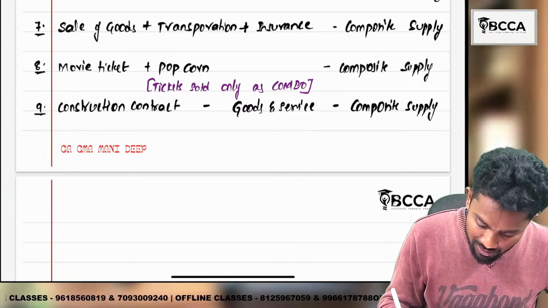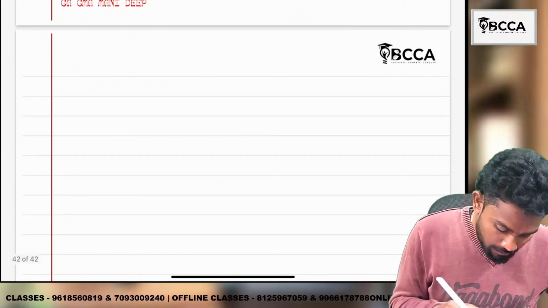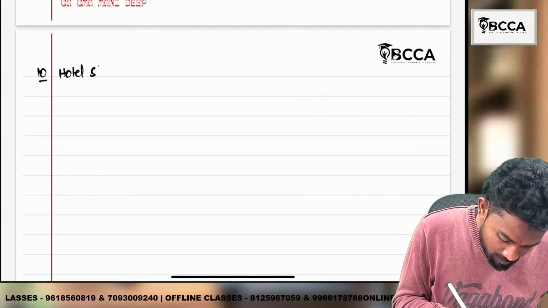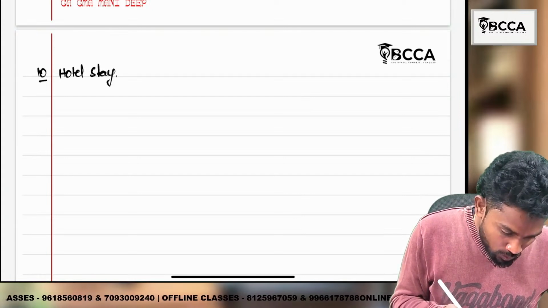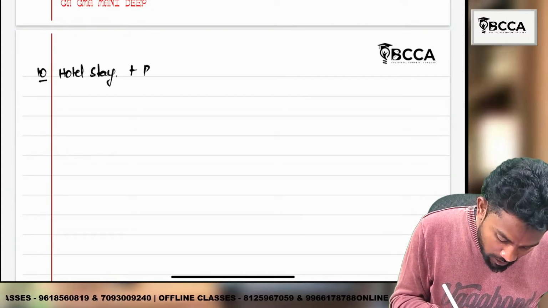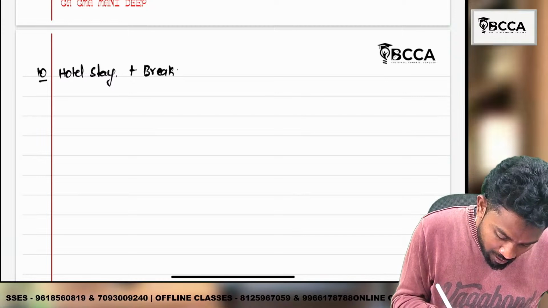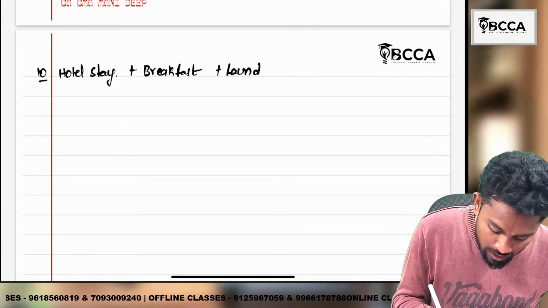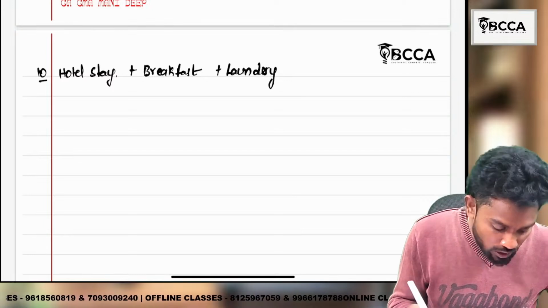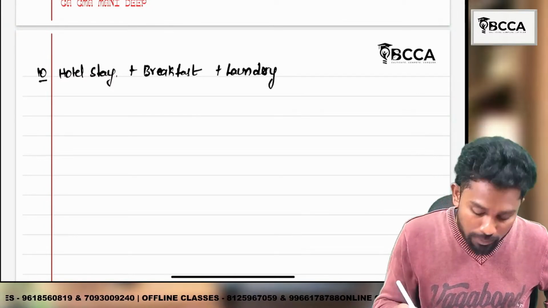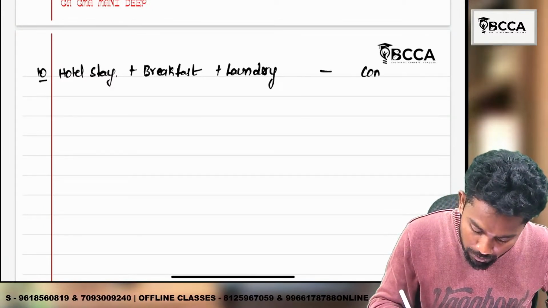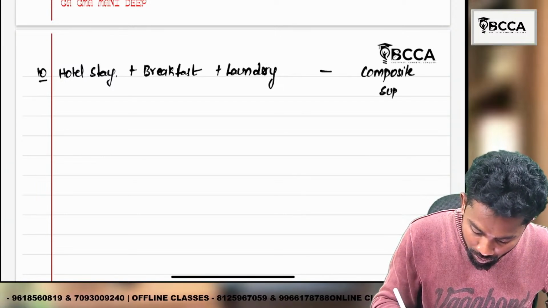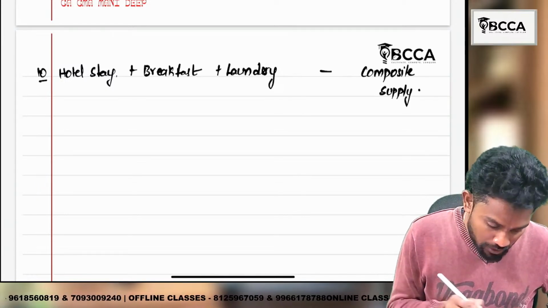Then stay in hotel plus breakfast plus laundry. In a hotel, breakfast and laundry are provided. This is a usual expectation, which is common in the hotel industry. So it has to be treated as what? Composite supply.